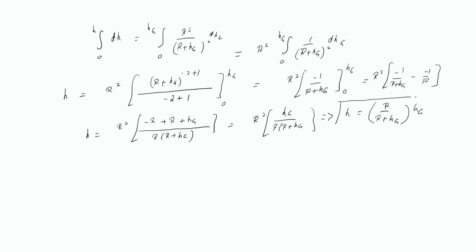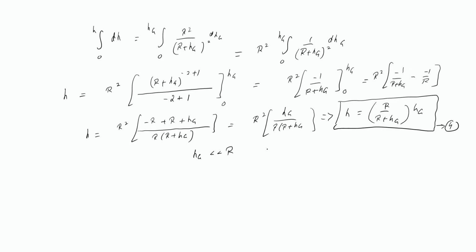Alright, so this was the relation that we were looking for since we have defined a new variable, geopotential altitude. So let me consider this as equation number 4. So this is the relation between h and hg. Now consider very low altitudes, when hg is much less than r. Then we can ignore this hg over here.